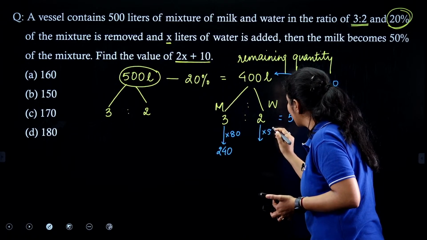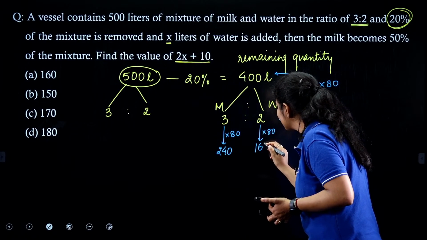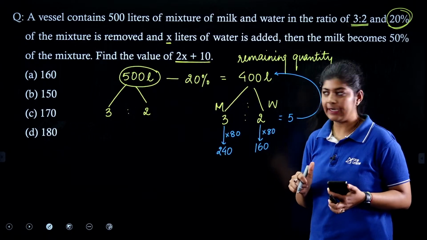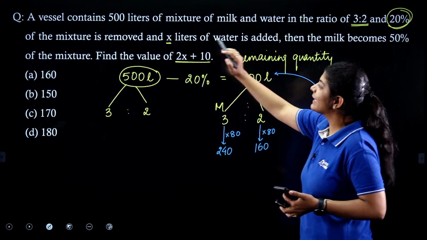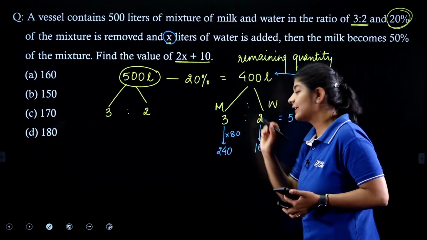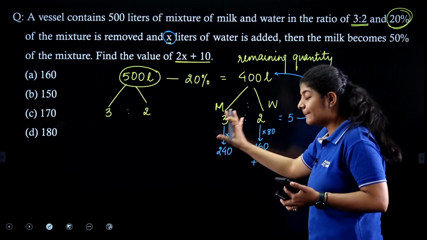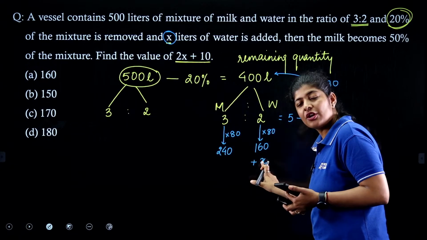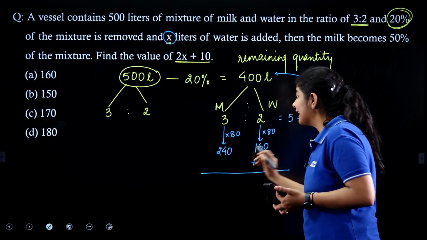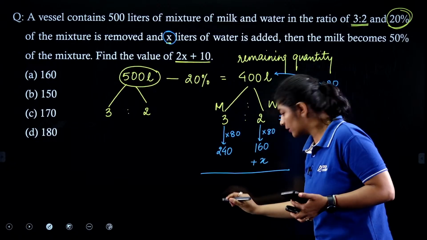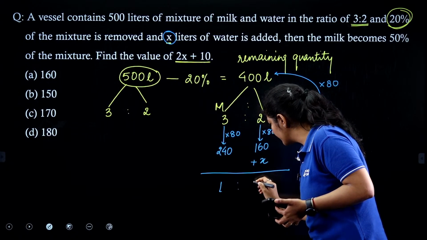And here what we are having? We are having 160 liters of water. Right? Now, the question is saying that water is added. So we simply added x liters of water in it. Because of this addition of x liters of water, the ratio between milk and water will become 1:1.